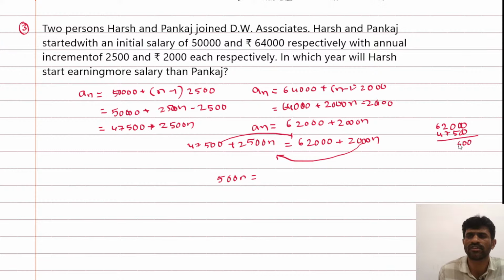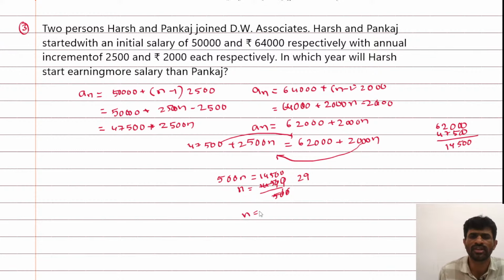12 minus 7 is 5, 11 minus 7 is 4, so it is 14,500. Now n is equal to 14,500 by 500.